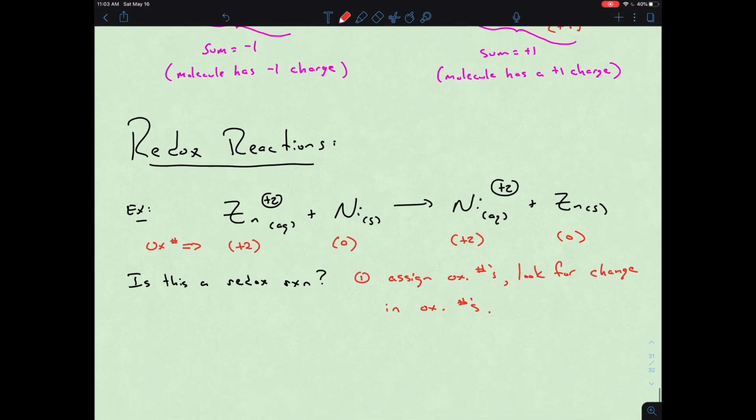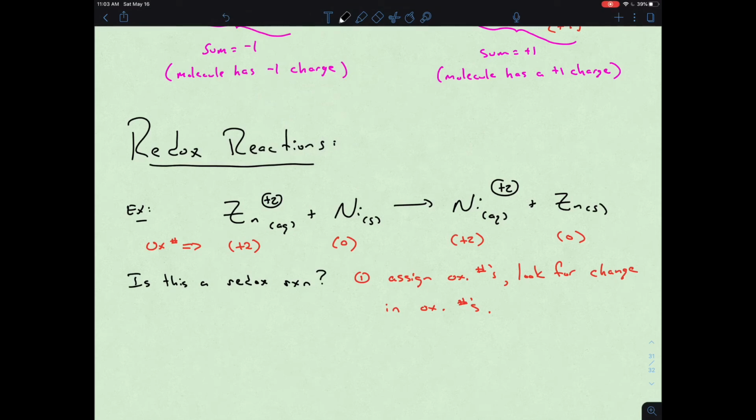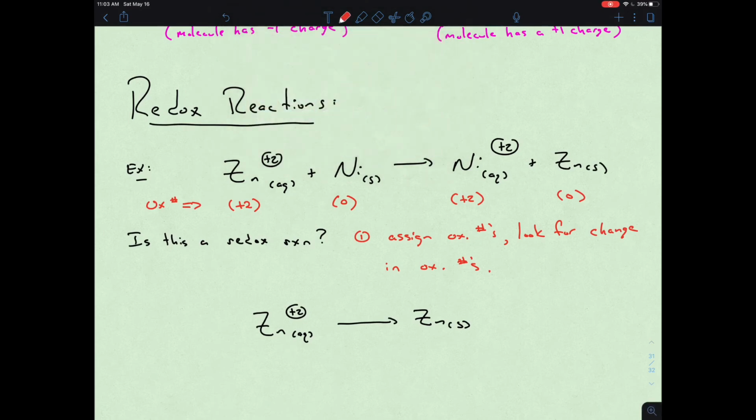So if we break these two ideas down, we see the zinc +2 going to zinc 0. This is a gain of electrons. This is an example of a reduction.